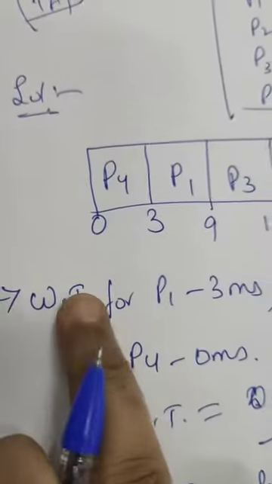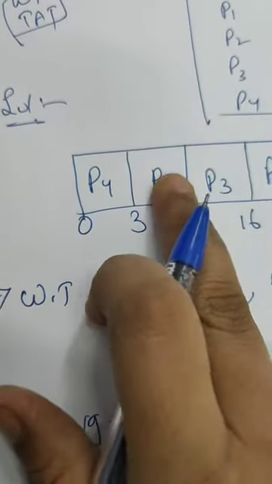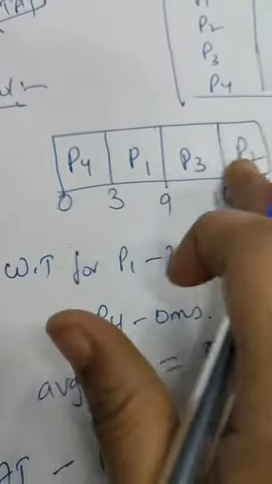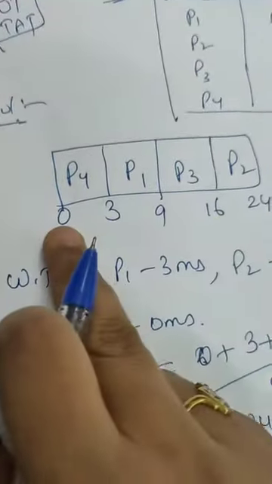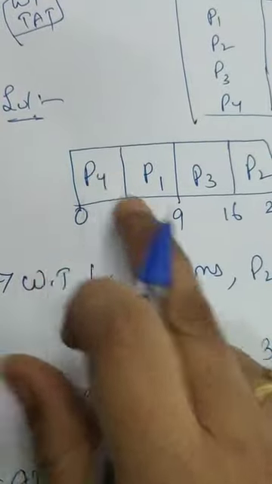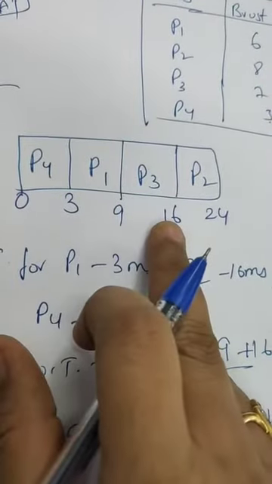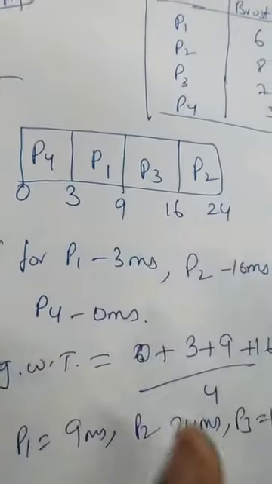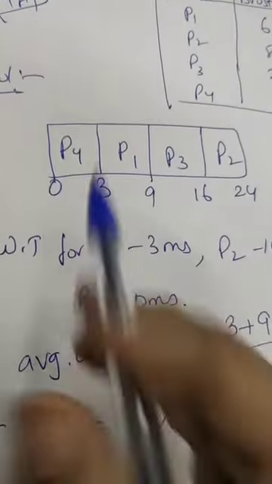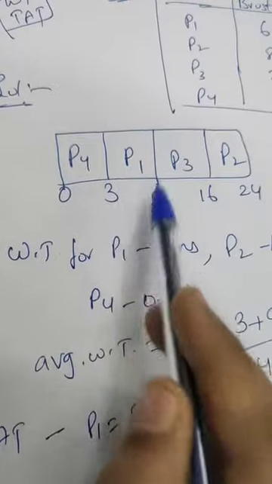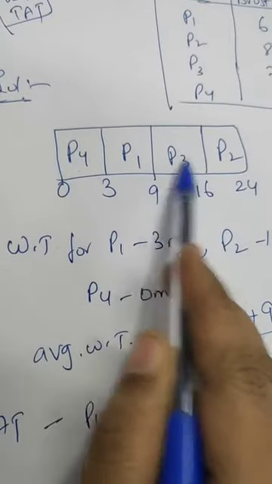Guys, waiting time is not the time for P1 to process; waiting is 3 for P1, 9 for P3, 16 for P2, and 0 for P4. But turnaround time means from submission to completion. So P4 completes at 3, P1 at 9, P3 at 16, and P2 at 24.